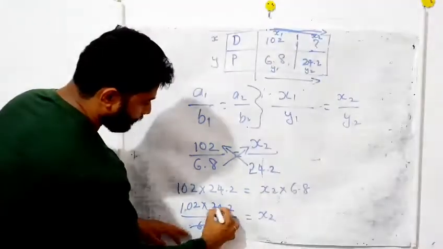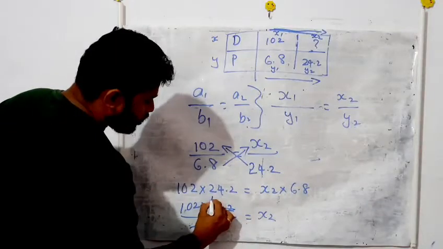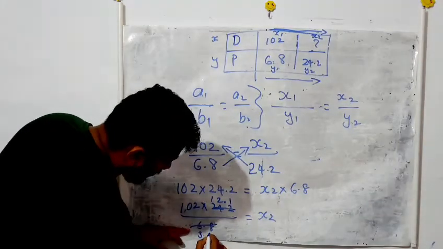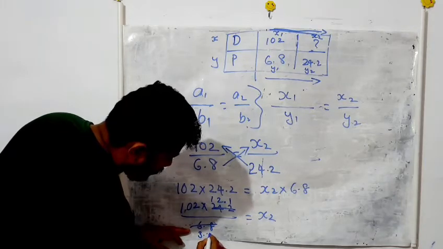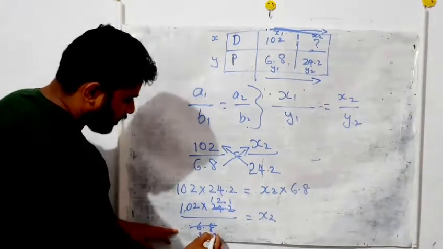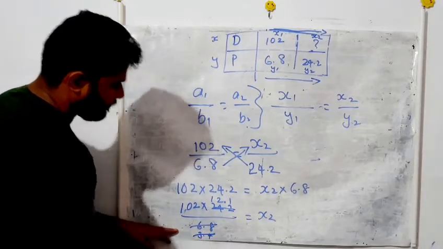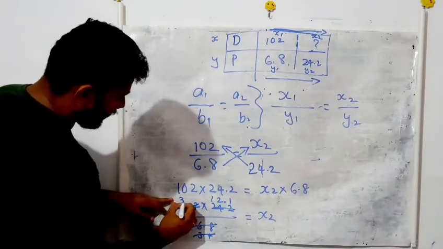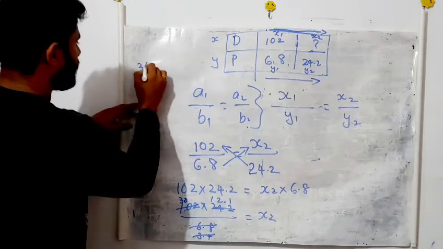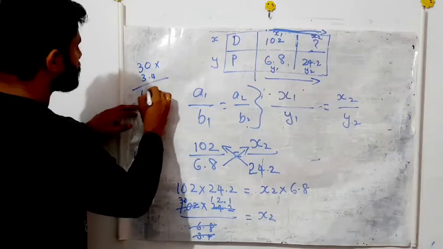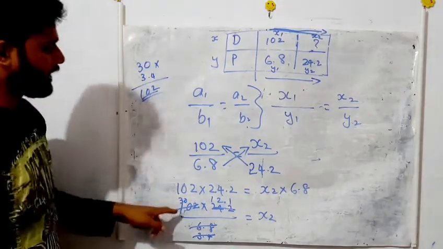Then it will become 12.1 and here 3.4. Clear? So 34 and 102 we can cut. It will become 30. 30 into 3.4, you will get 102 as the answer. That's why I wrote here directly 30.